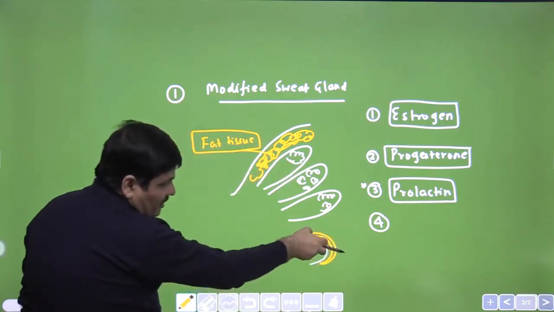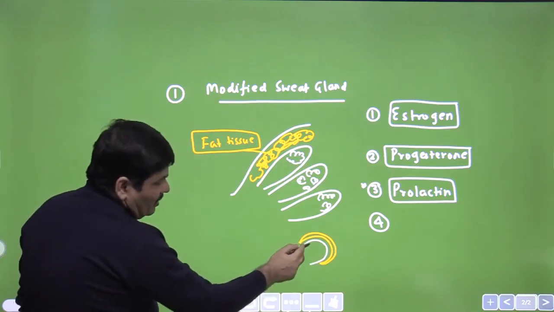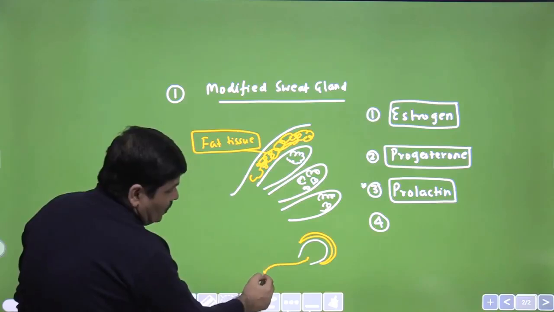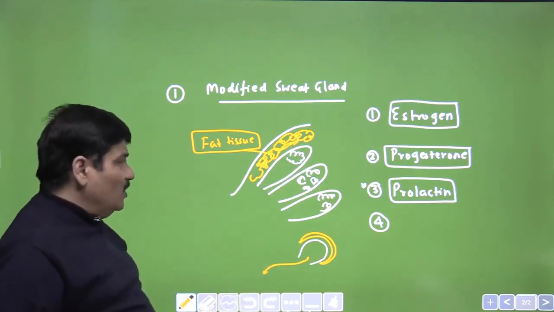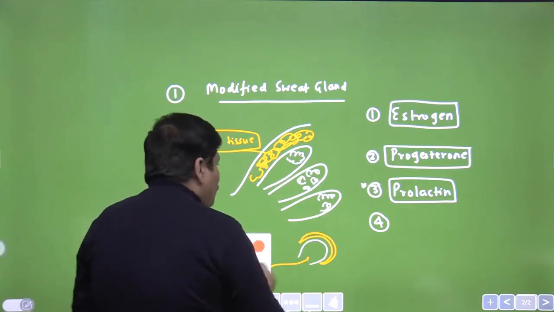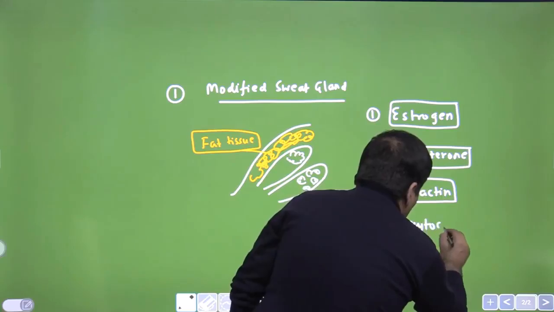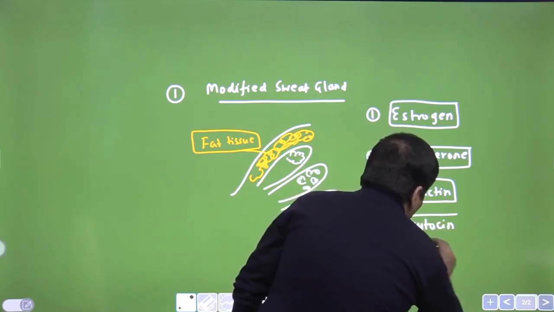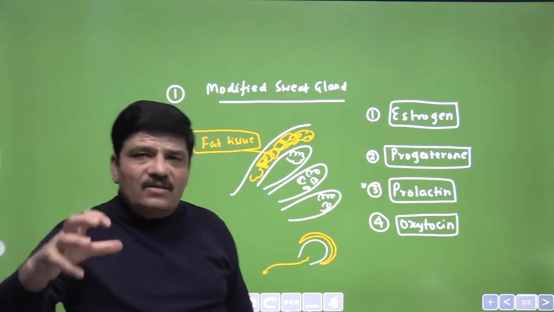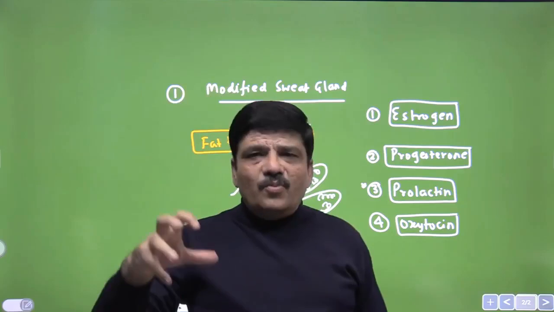And you can easily understand, if oxytocin leads to the contraction of the myoepithelial cell, then it presses upon the alveoli and leads to the ejection of the milk from the breast tissue. So the final hormone that we are looking at is oxytocin, and this oxytocin will be involved in milk ejection and milk letdown. So this is the information given in your NCERT textbook in 3.2.